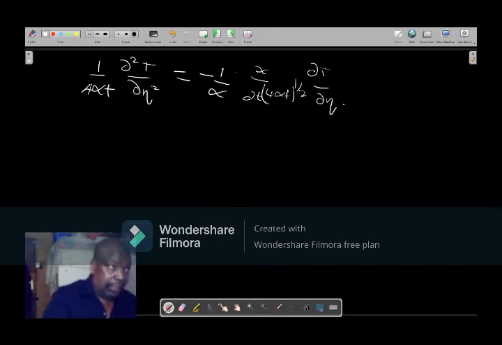So putting the right terms together, we get d squared T by d eta squared is equal to, there is an alpha here, 4 alpha t divided by 2 alpha t, which is 2.